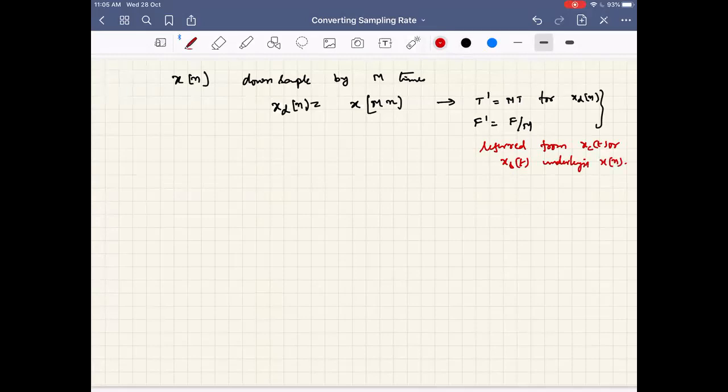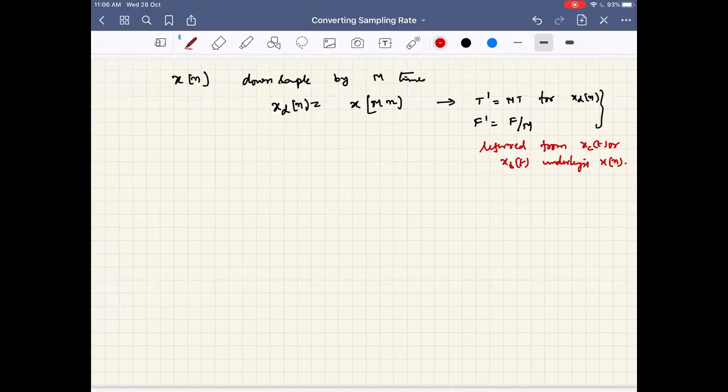So the frequency will decrease because the time period is increasing. That means the number of samples per second will decrease when the duration between samples increases. This is referred to as downsampling. We have seen how to do this on some simpler examples in the time domain, and we will see its implication in the frequency domain now.